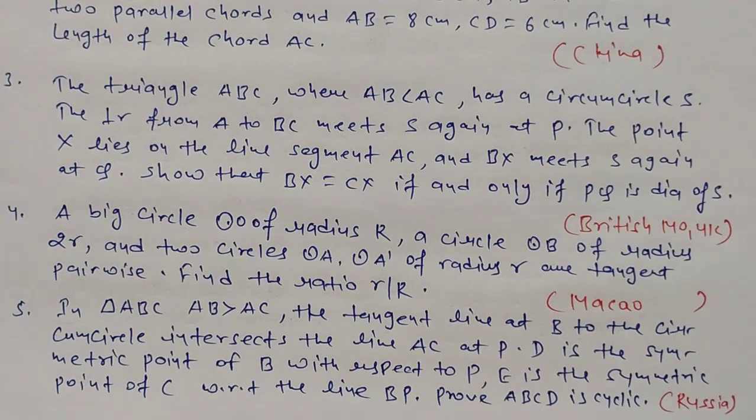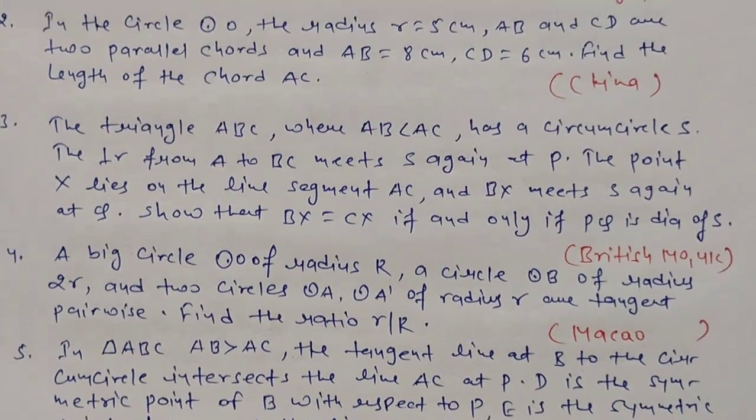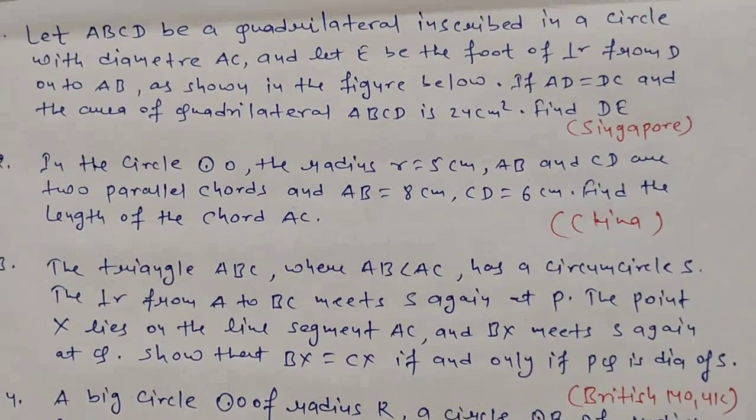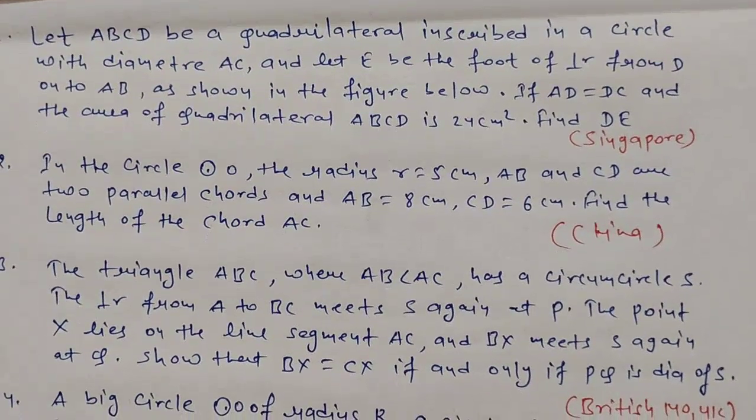So now the first problem is: let ABCD be a quadrilateral inscribed in a circle with diameter AC, and let E be the foot of perpendicular from D onto AB as shown in the figure below.